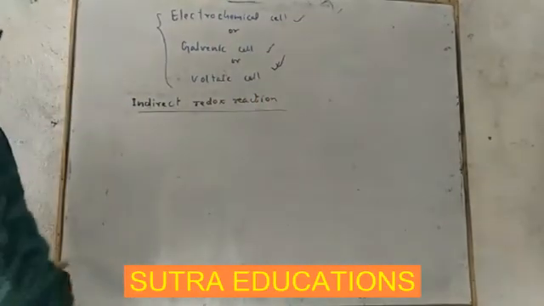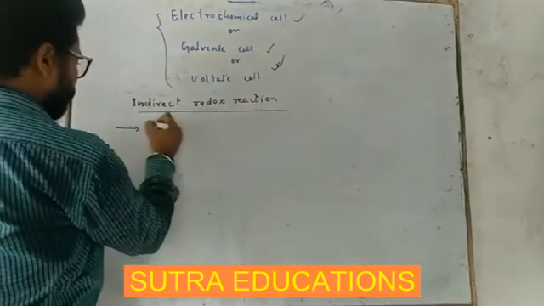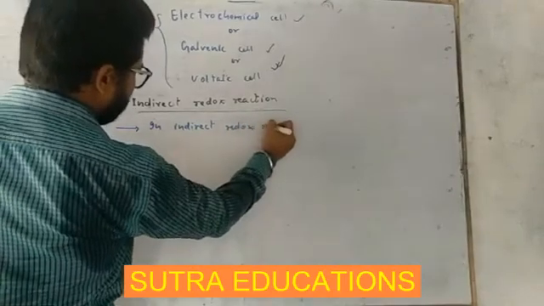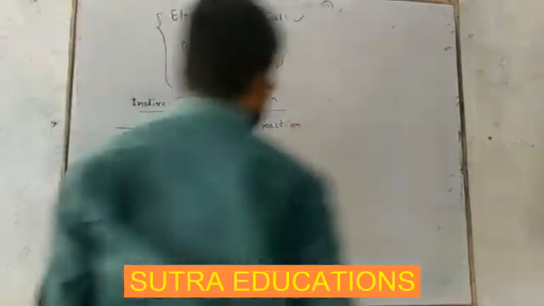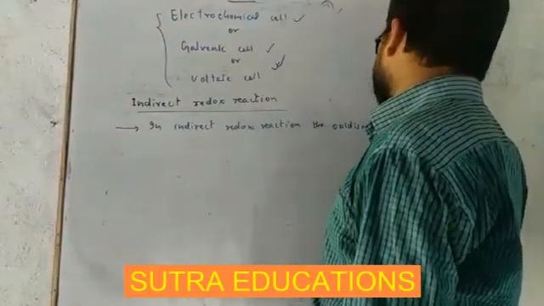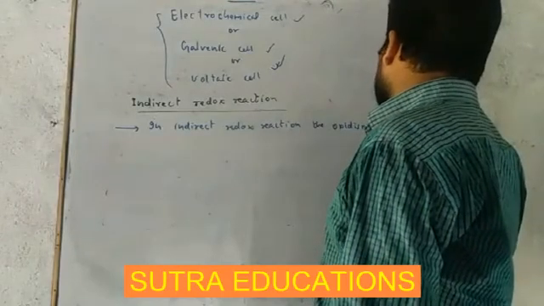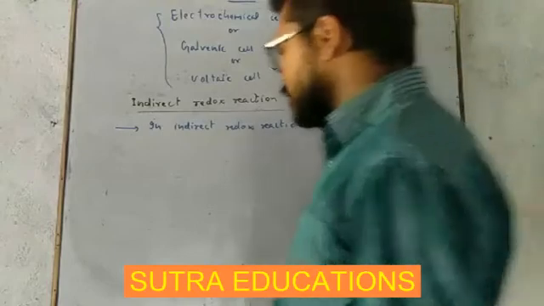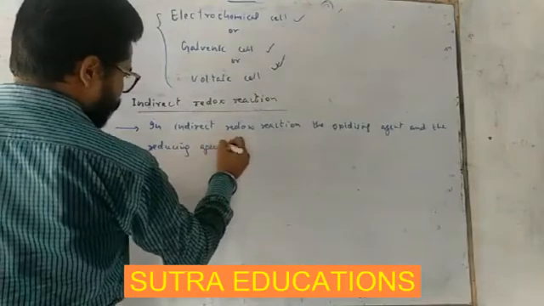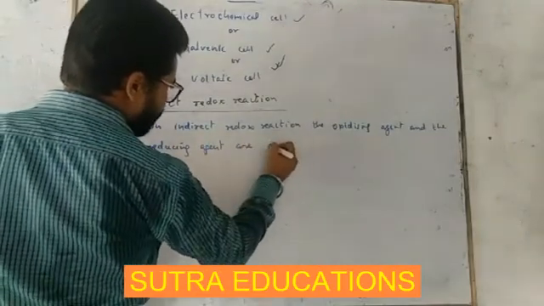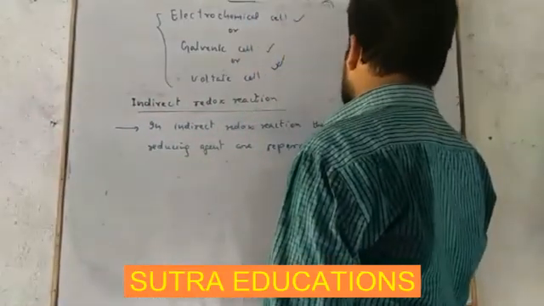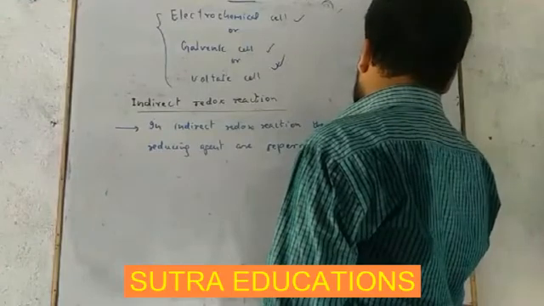In an indirect redox reaction, the oxidizing agent and the reducing agent are separated by physical means.